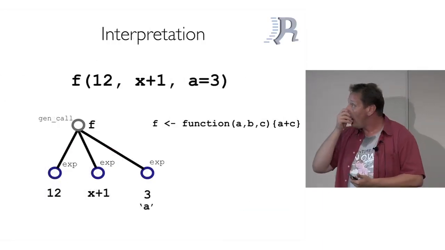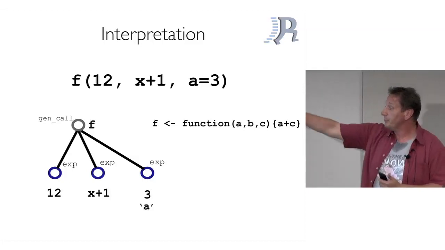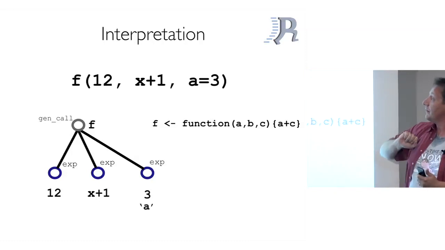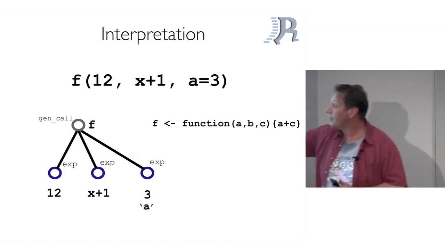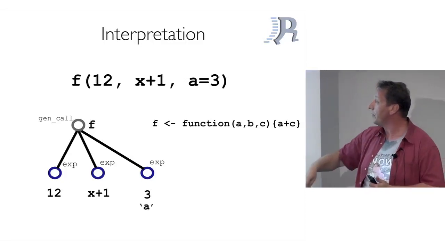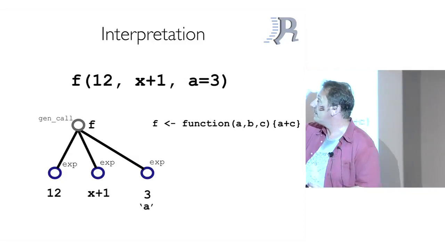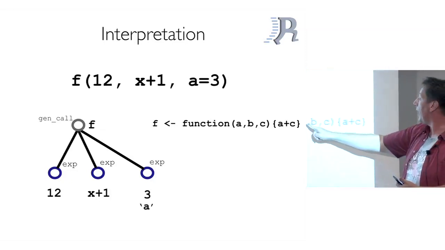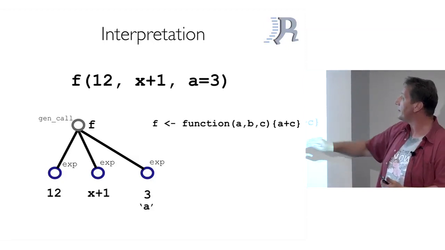So how does the abstract syntax tree interpreter work? Simple things, right? We have an expression in R, this function call, and it goes to a node which will do what? What this node has to do is figure out what is the definition of f. There's a definition of f. It has 3 arguments, a, b, c.